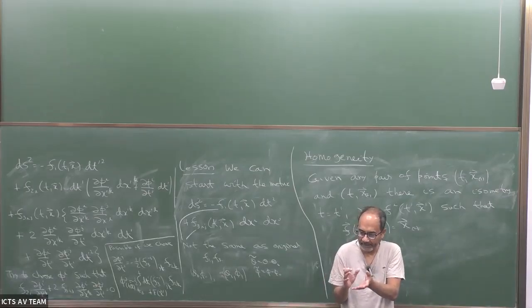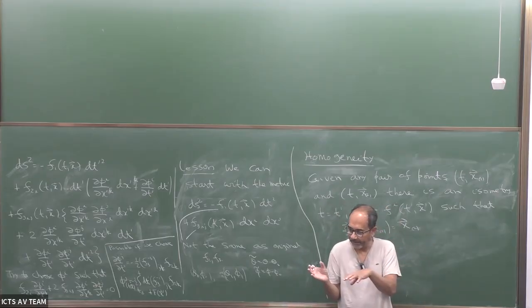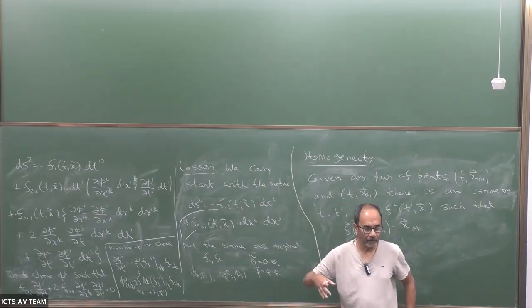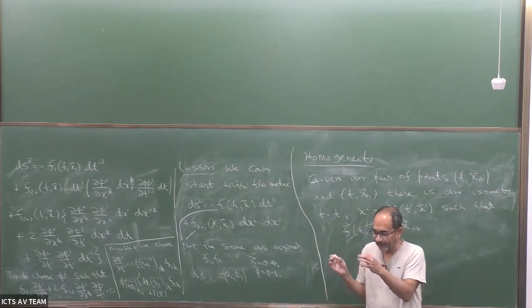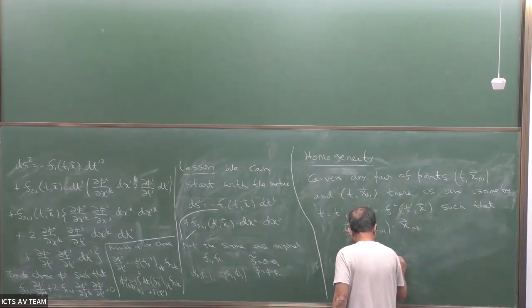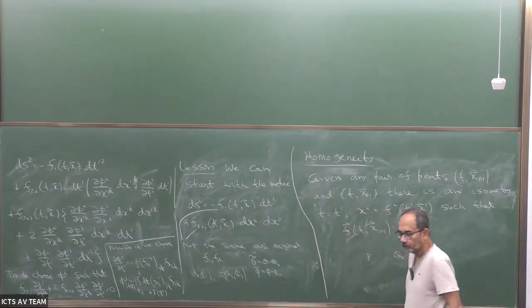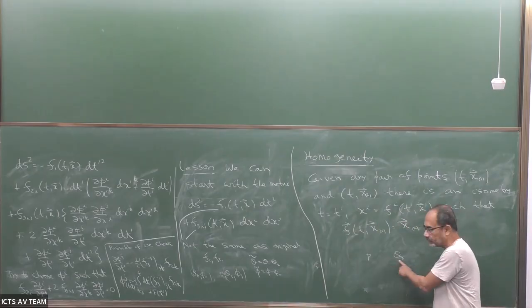This should be clear. You have two points, x1 and x2. You make this isometry, and it takes you from x1 to x2. Physical points are the same. Imagine that you have a point P and Q. This was described by x1, this was described by x2.